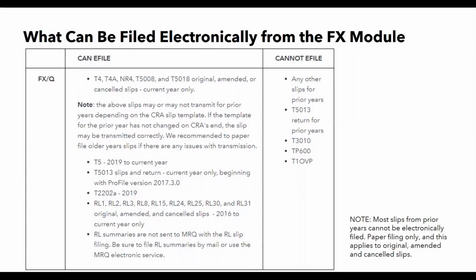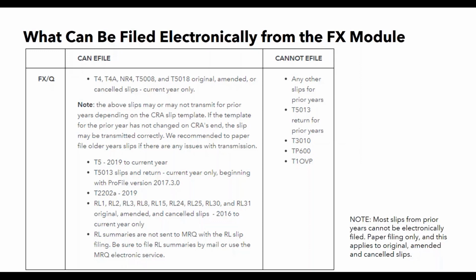On this slide, you can see what slips and forms can and cannot be electronically transmitted. We can transmit T4s, T4A, the NR4, the T5008, the T5018, all original, amended, or canceled slips for the current year.